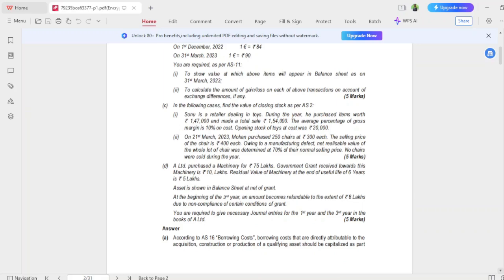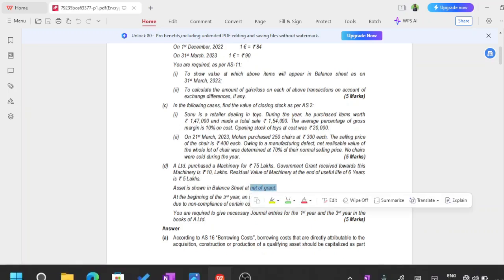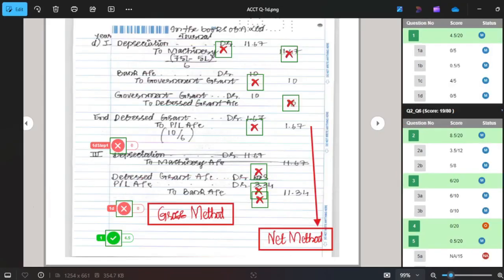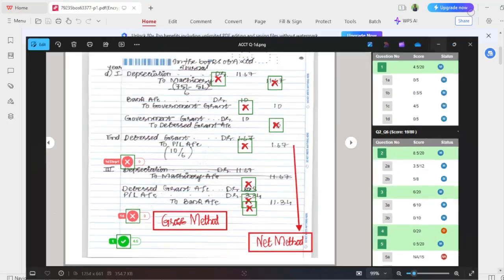There was nothing mentioned about the method, and one hint was there that the asset is shown in the balance sheet at net of grant, but I solved this question using the gross method. By the gross method this solution is totally correct, but because the question should have been solved by the net method, my solution was wrong and I got zero on this question.